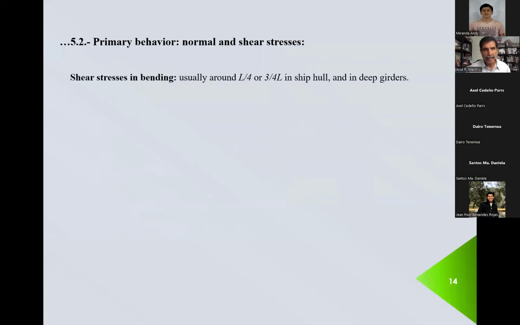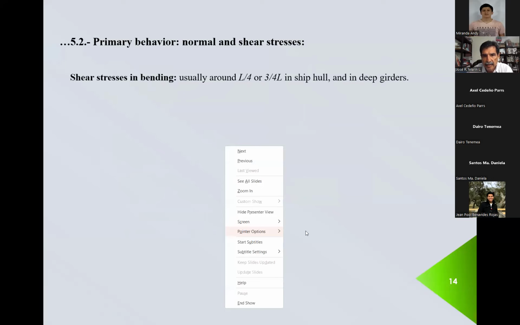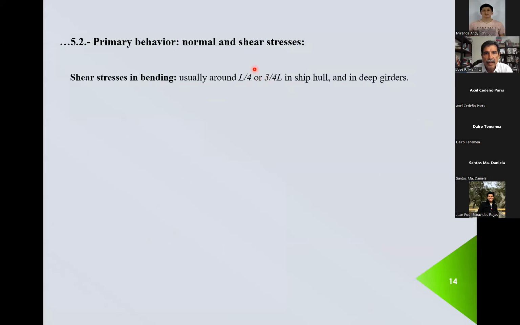So, in the case of shear force, they will generate, of course, shear stresses, right? As I tried to summarize here, and I emphasized with the example that I just presented, we have to worry about L/4 or 3/4 of the length of the ship. Also, in deep girders, you will see that there is some mention of this problem also.